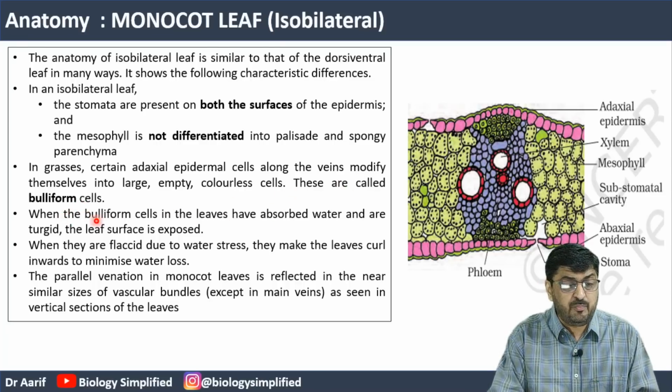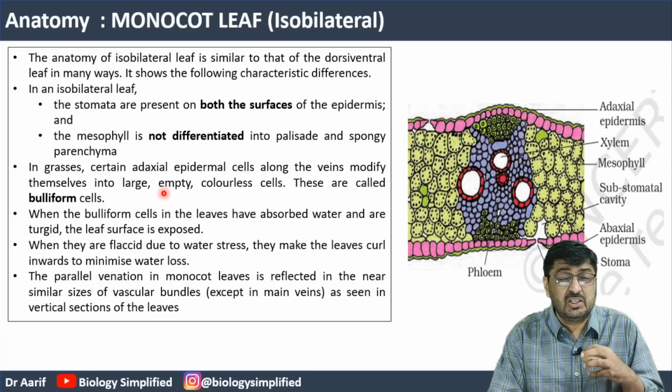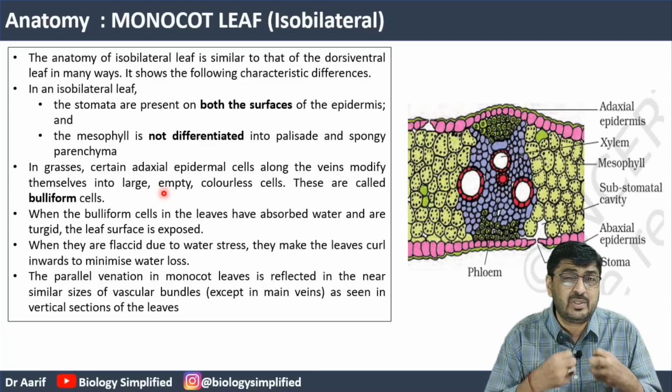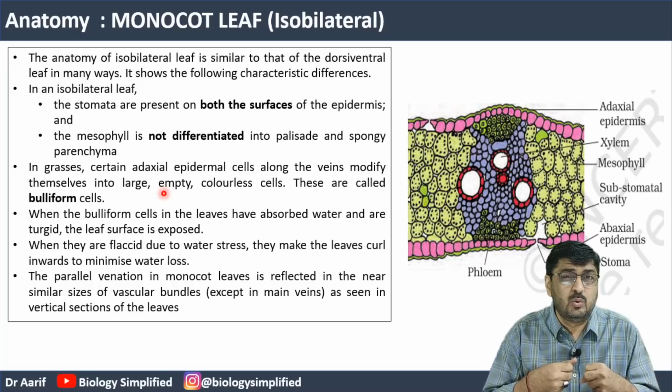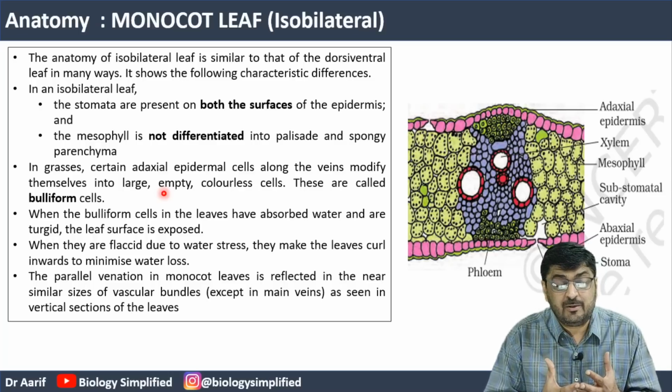When the bulliform cells absorb water, पहले ये empty है, they become turgid. Turgid का मतलब होता है tight. When you fill water into a water balloon up to its maximum capacity, can you see the tightness of that balloon? That's called turgidity.